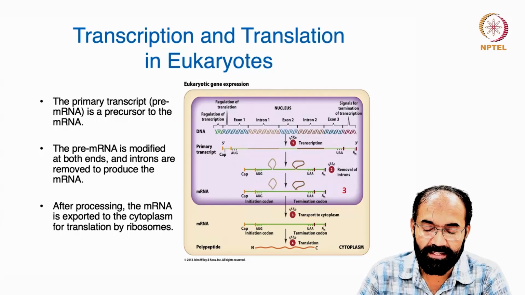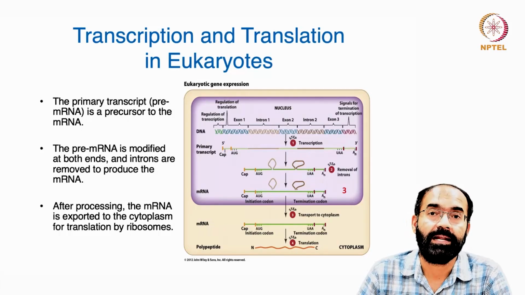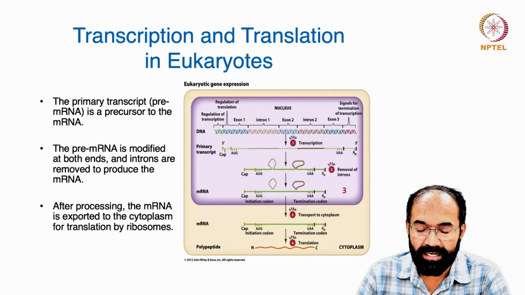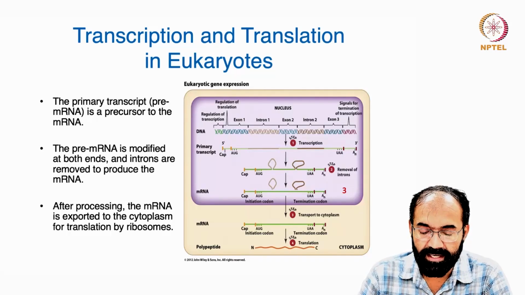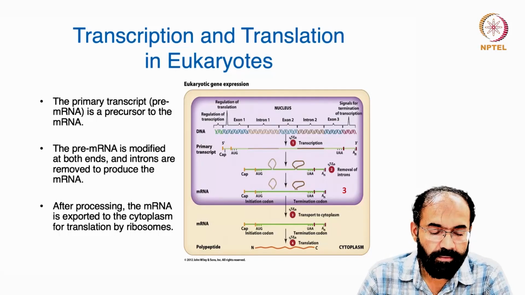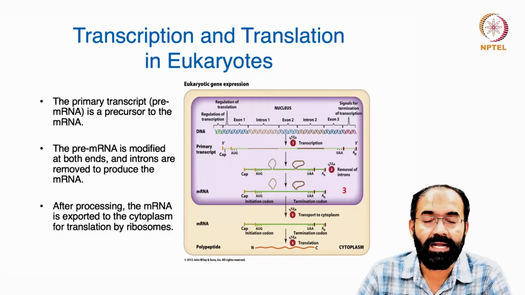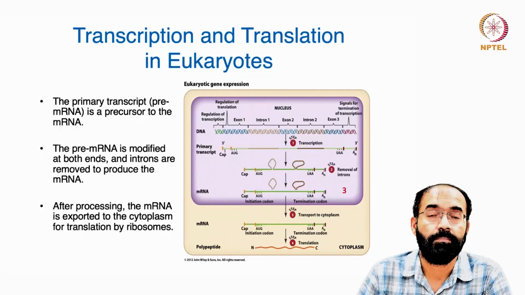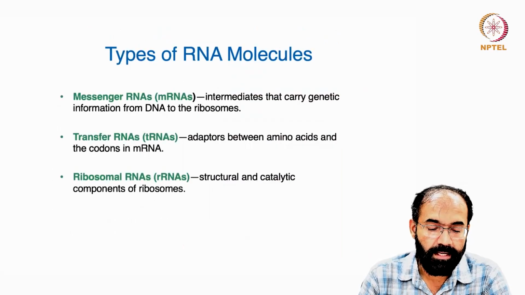Cytoplasm is the place where the mRNA will find the tRNA, ribosomes, etc. And they work together to make a polypeptide in the cytoplasm. So this is what you should understand about the transcription and translation of prokaryotes and eukaryotes in a simplistic manner.